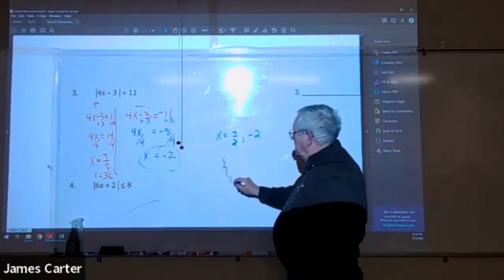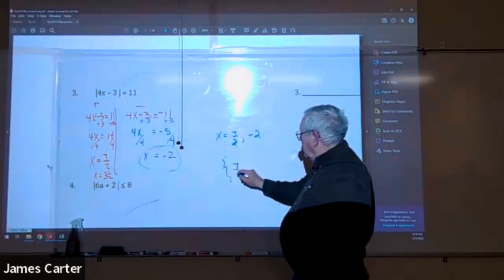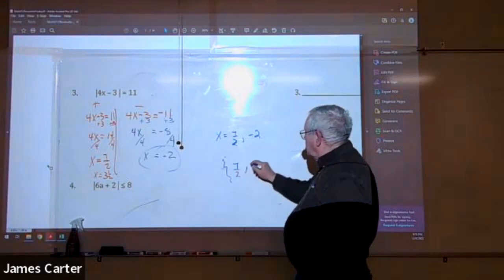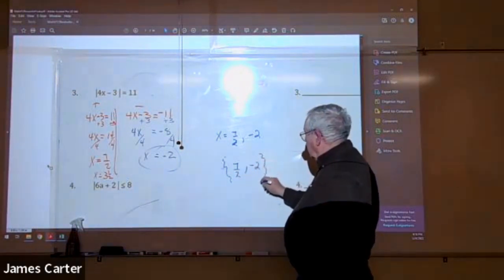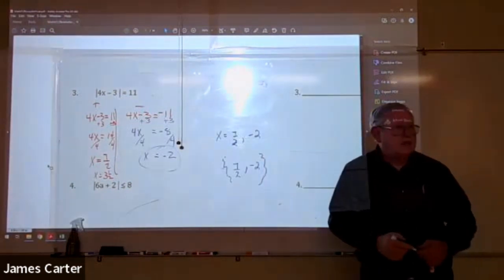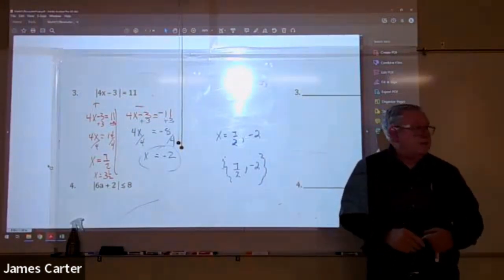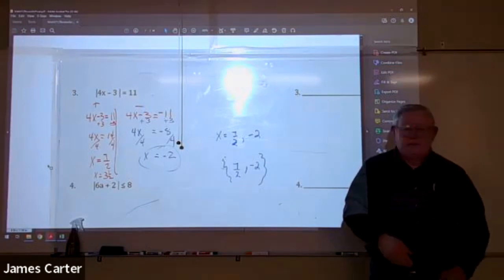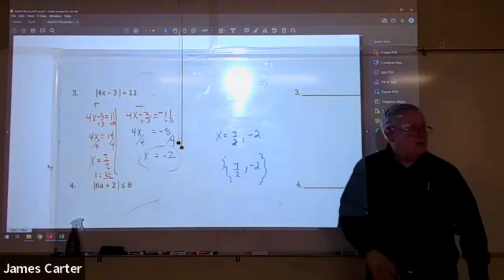You could put them in braces, 7/2, negative 2, like that, and either of these two answers would be accepted. What if it doesn't have any wording, it just has the top like that? That would be your final answer.